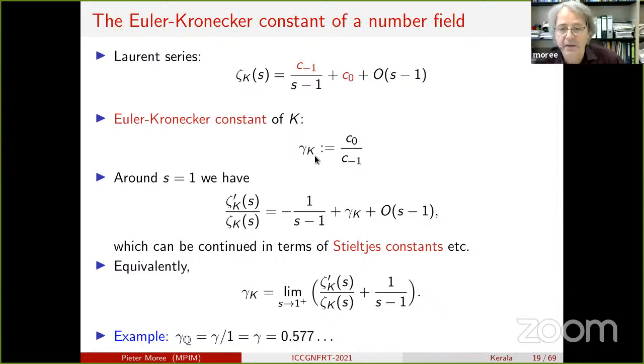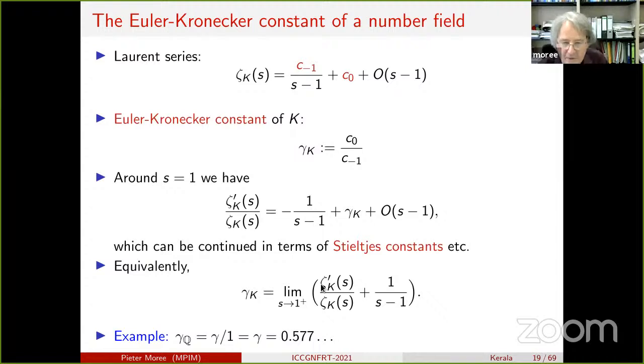The Euler-Kronecker constant is defined to be the ratio of these two. That looks a little bit unnatural at first, but it turns out actually to be the better definition. It's just always better to look at the ratio of those two numbers. Then you can also look at the logarithmic derivative of the Dedekind zeta function, and in the end, if you think about it, we obtain the following result for the Euler-Kronecker constant.